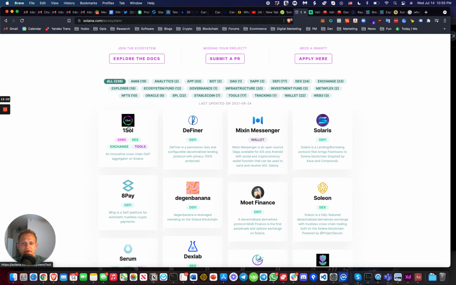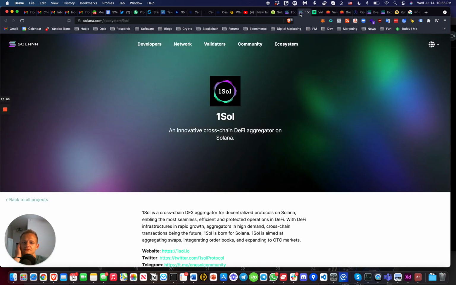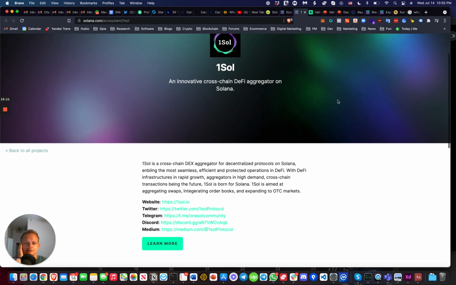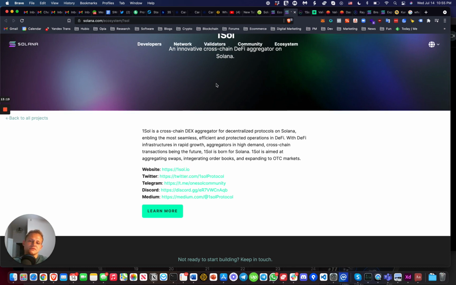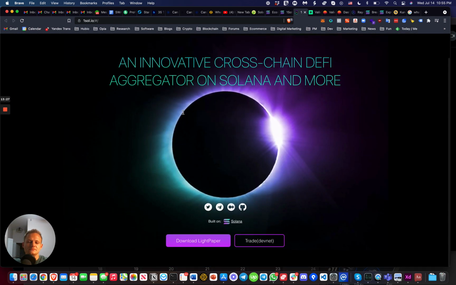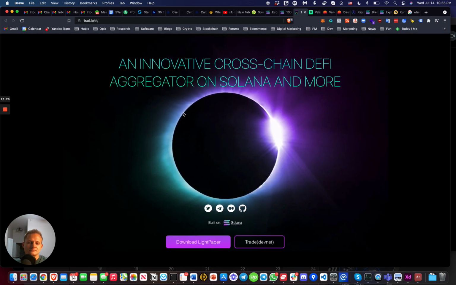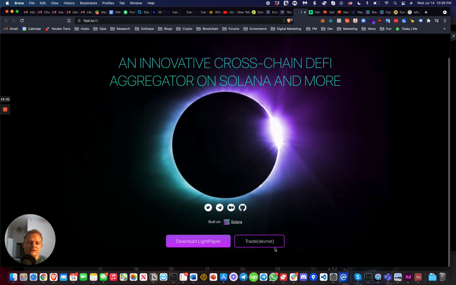An innovative cross-chain DeFi aggregator on Solana. Okay, let's take a look. Cross-chain DEX aggregator for decentralized protocols on Solana, enabling more seamless, efficient, and protected operations in DeFi. I mean, everything looks like Solana.